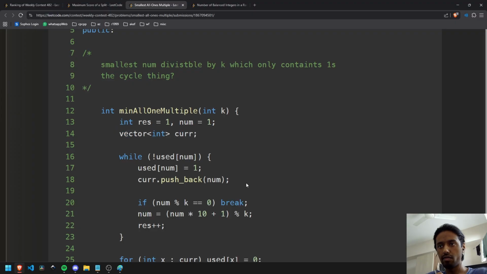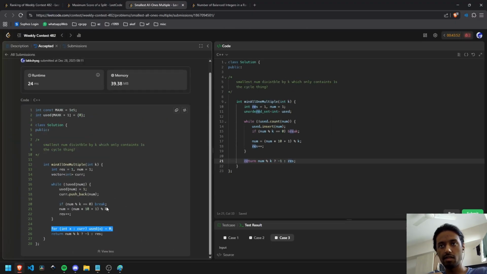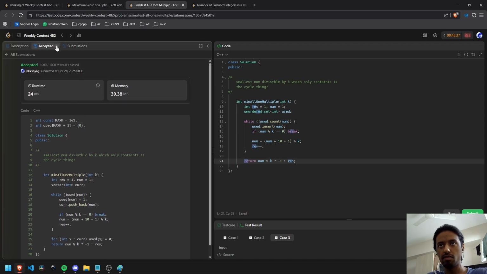For every visited one, you put it as 1, and then you roll back all the changes. So this portion guarantees that you won't have to reset the entire array or vector to the initial state, since you're only resetting the states which you have visited. So this was a micro optimization for Q3.